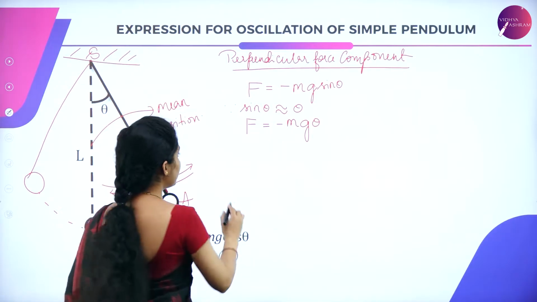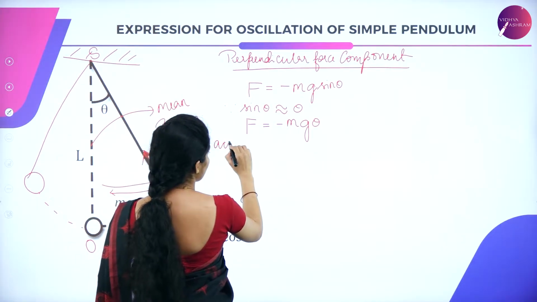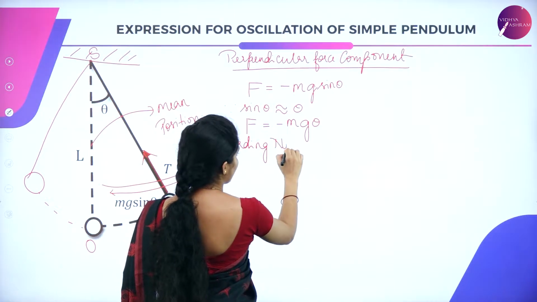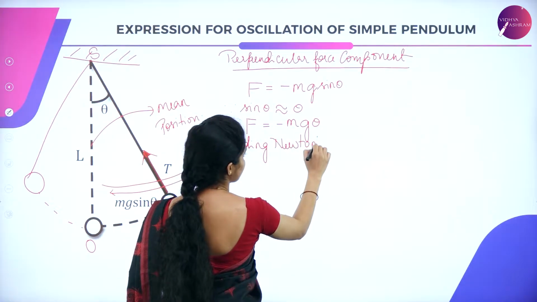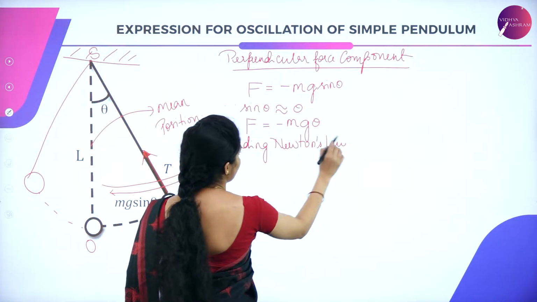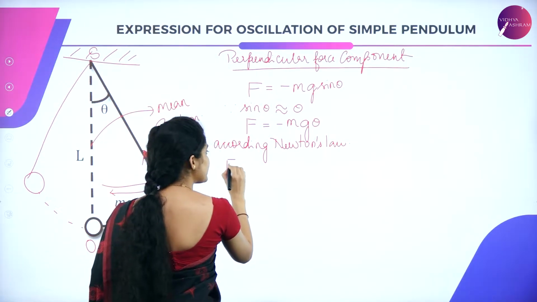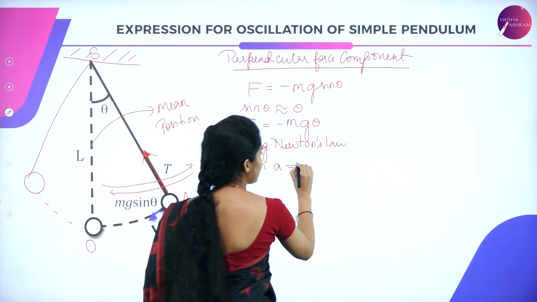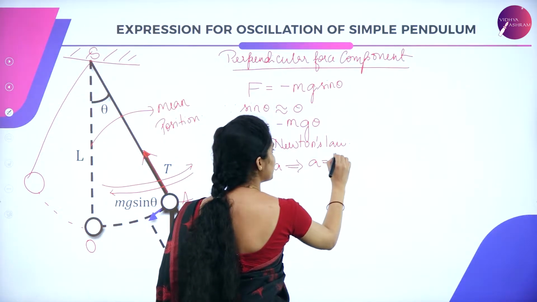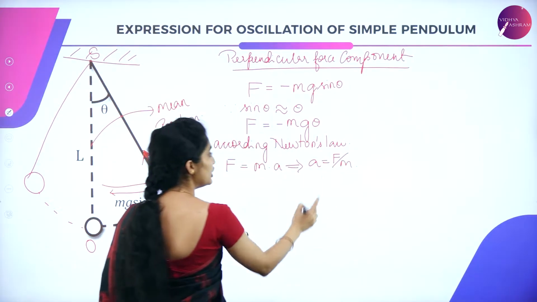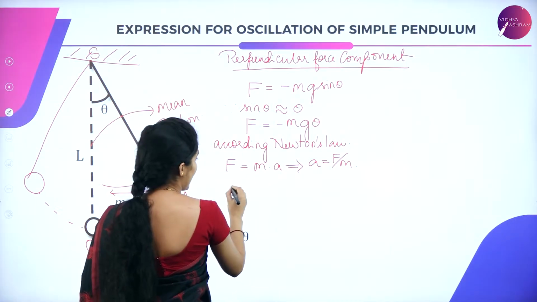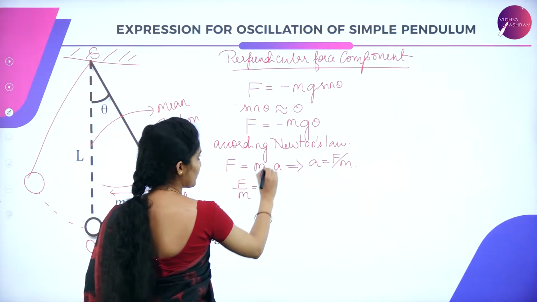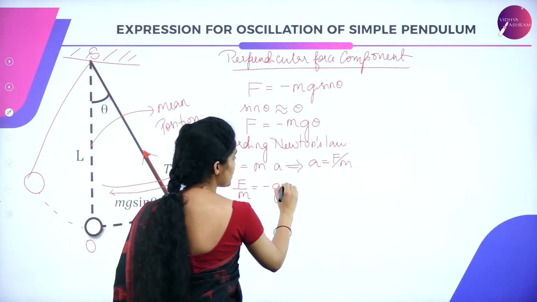We know that according to Newton's second law, F is equal to m into a. So a is equal to F divided by m, so we can write F by m is equal to minus g theta.